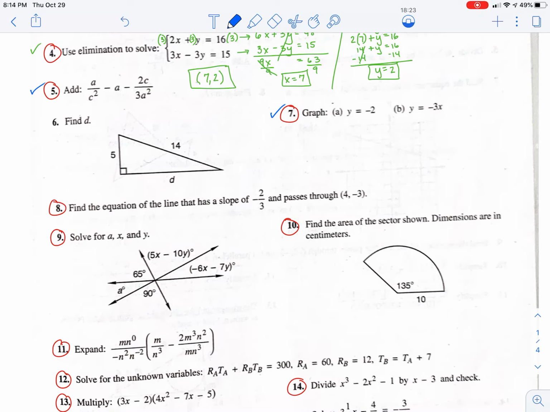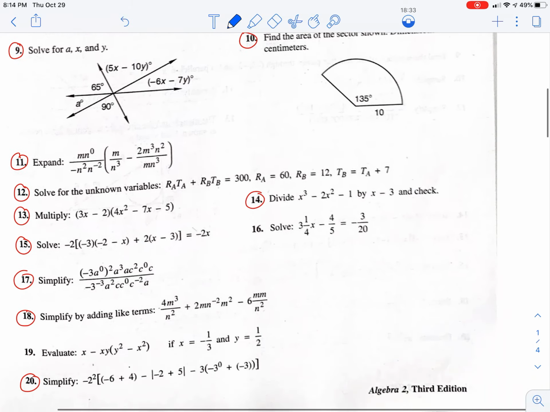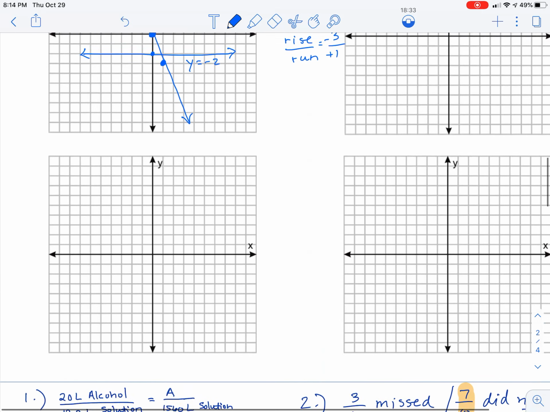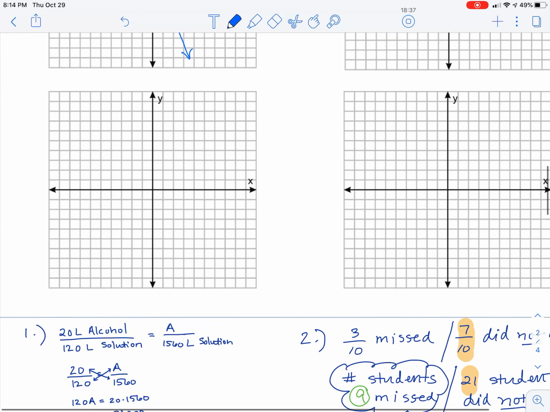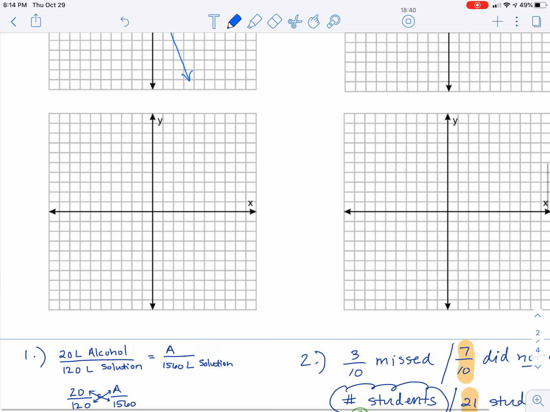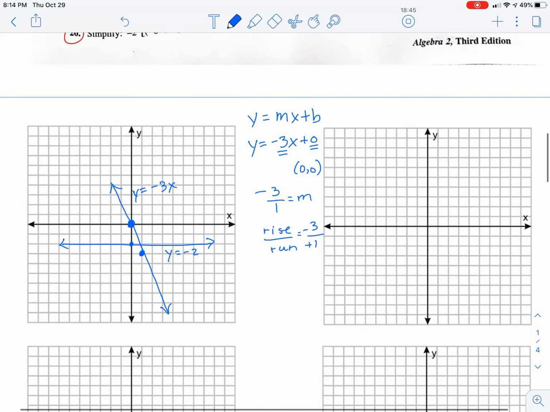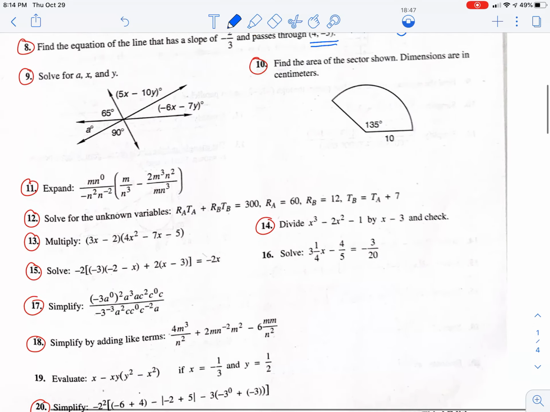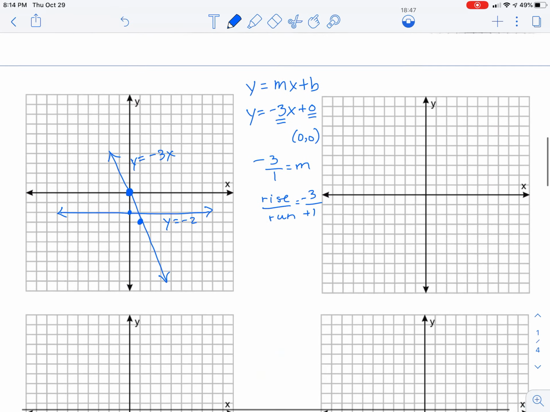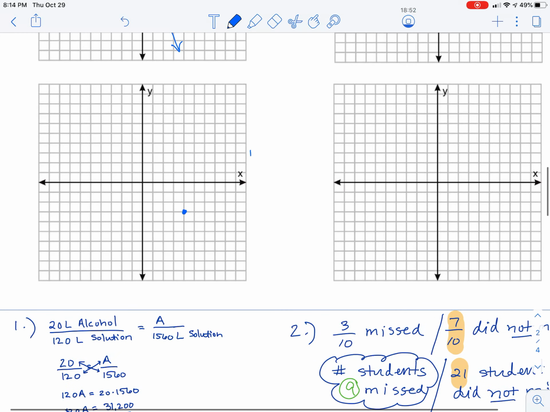Find the equation of the line that has a slope of -2/3 and passes through this point. So we know this point is on the line. So let's go down here and plot 4, -3. 1, 2, 3, 4. 1, 2, 3. 4, -3 is right here. And the slope we said is -2/3.